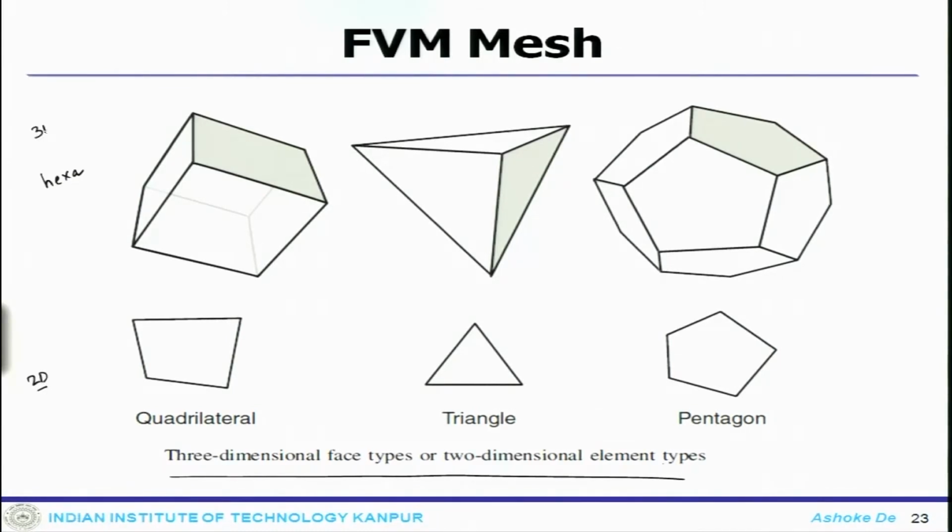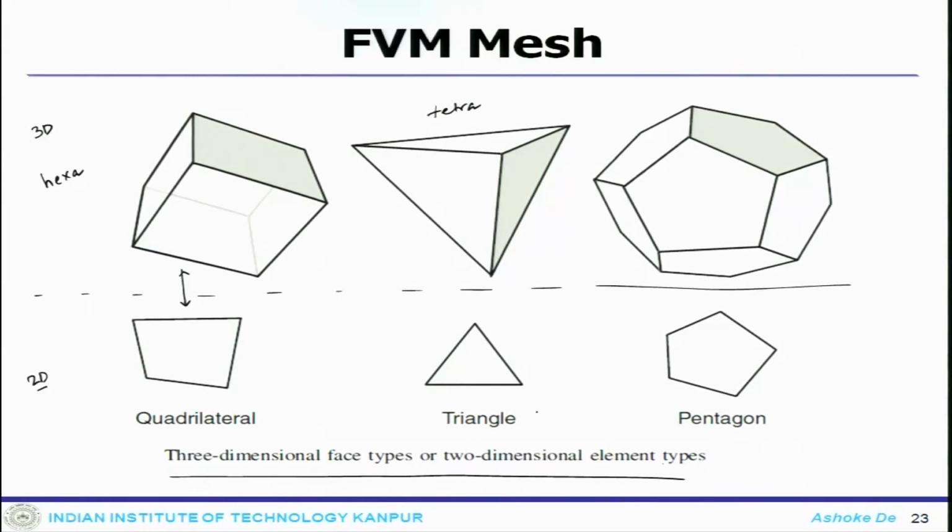This upper block shows all 3D elements, and these are some equivalent 2D elements. So, this is a quadrilateral. That means when I draw a 2D element, it would be a quadrilateral element. Similarly, this is a tetrahedron, a tetra in 3D.